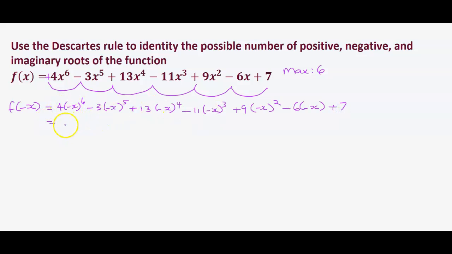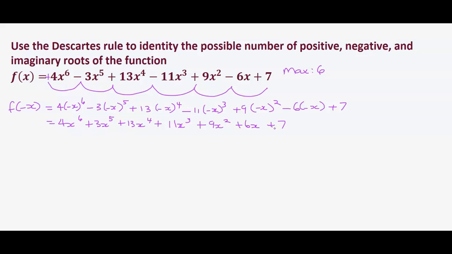So this is going to be 4x to the 6th power. This is negative, and this is going to be negative, plus 3x to the 5th power. This is going to be a positive here. This is plus 13x to the 4th power. This is negative, negative. We have plus 11x to the 3rd power. Then this is plus 9x squared plus 6x plus 7.